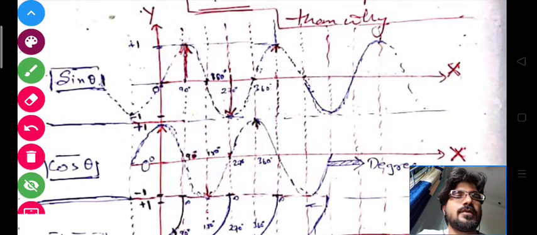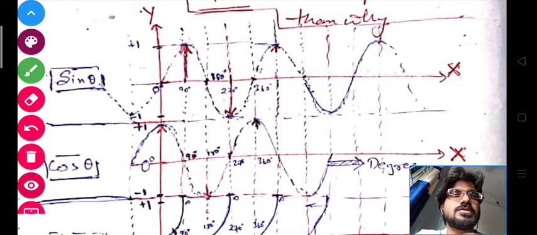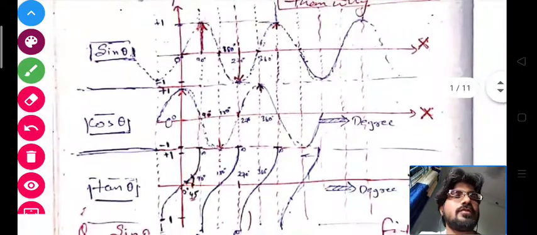For sine 90 we have cos 0. Again, for sine 180 degrees we have cos 180 degrees, which is minus 1. This is minus 1 here. So this is the graphical representation, and this is how we get the values.